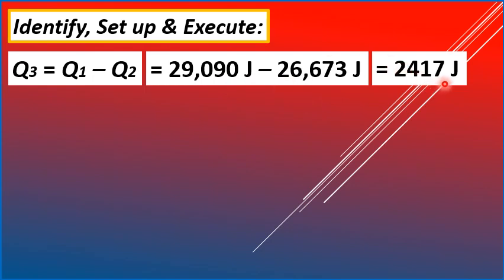In other words, because of this available 2,417 joules, a certain amount of the mass of the boiling water will actually be converted into steam at 100 degrees Celsius.